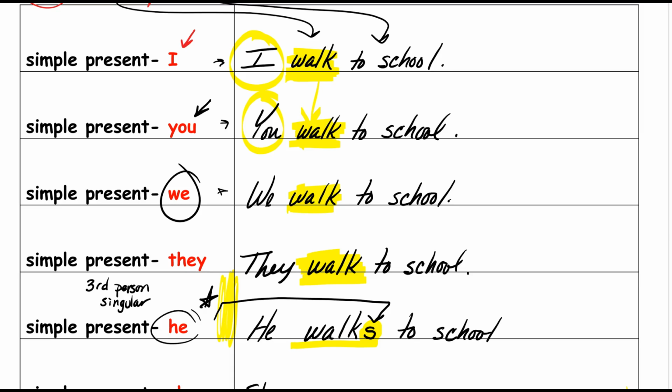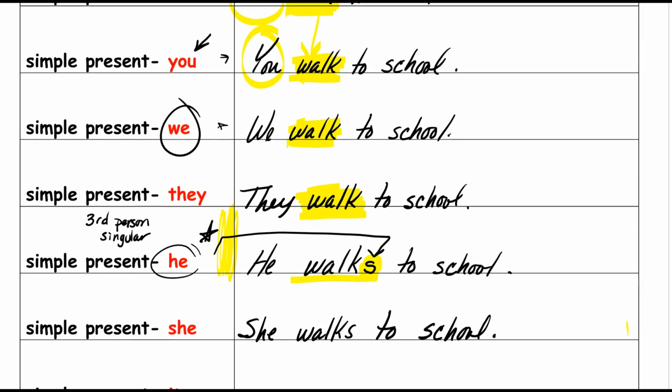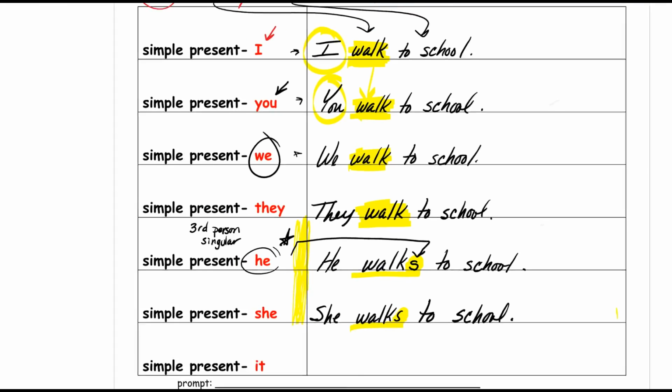How about she? She walks to school. We changed it again by adding the S. So now you can see why I change my order.